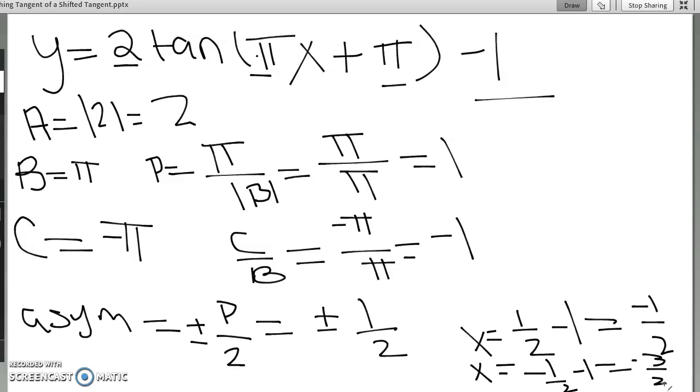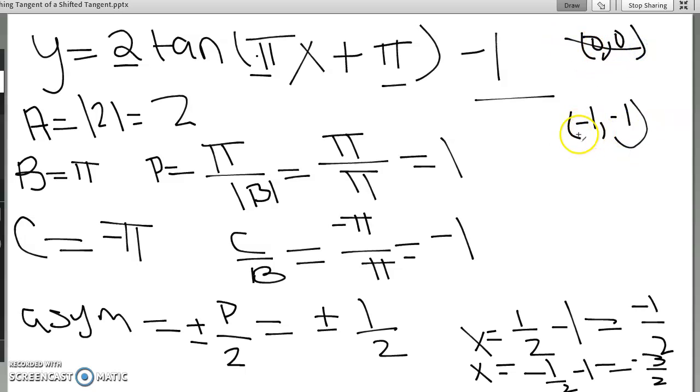my points. Originally we use the origin of 0, 0, but our graph is shifted over to -1, and it's also shifted by -1 vertically. So our real point that we're going to use is -1, -1.